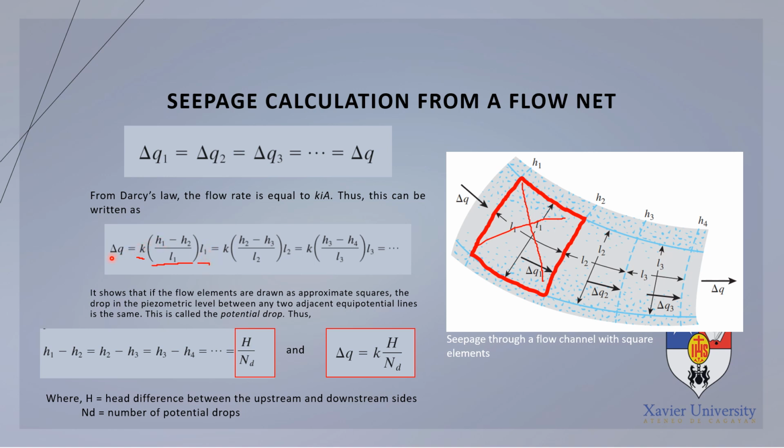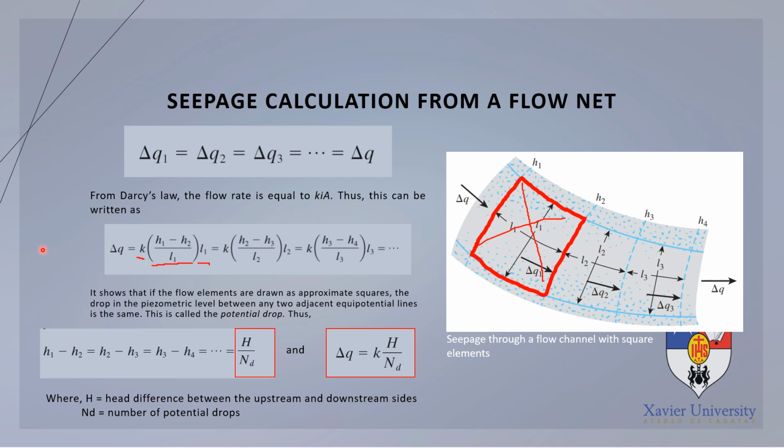So the flow rate for this square is equal to this square is equal to this square. So muna siya nga formula, no? We just substituted or transformed this formula in here to this one. So it shows that if the flow elements are drawn in approximate squares, the drop in the piezometric level between any two adjacent equipotential lines is just the same.